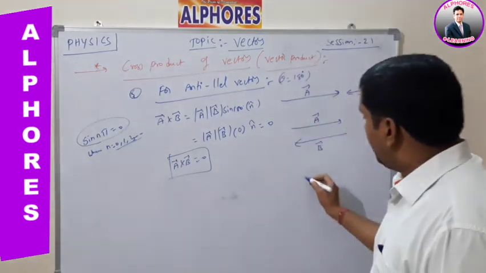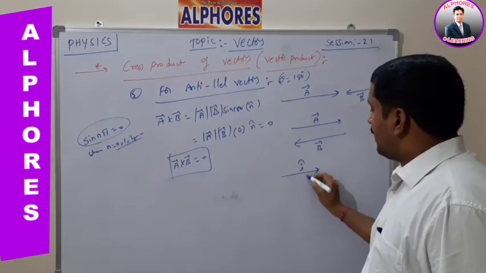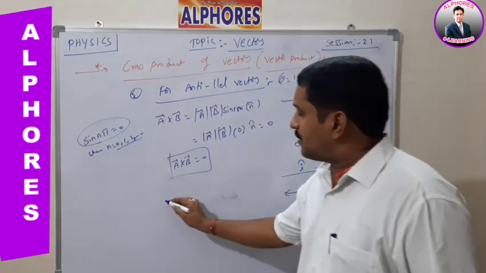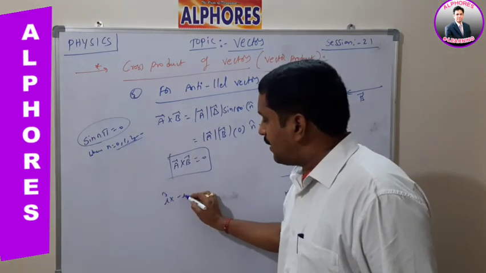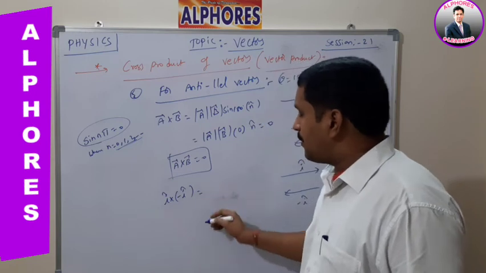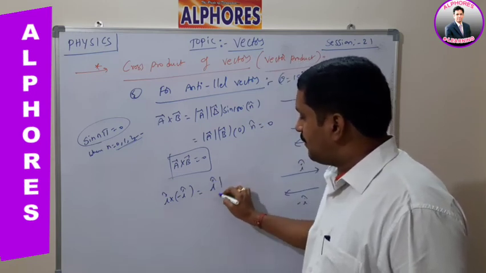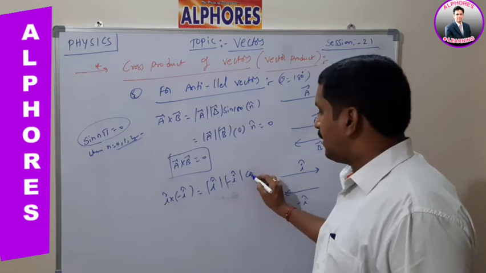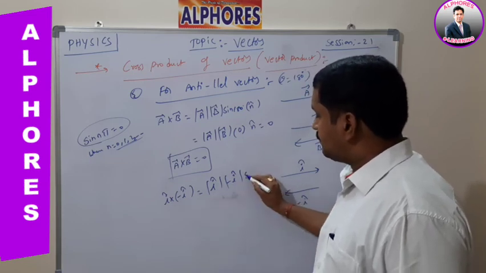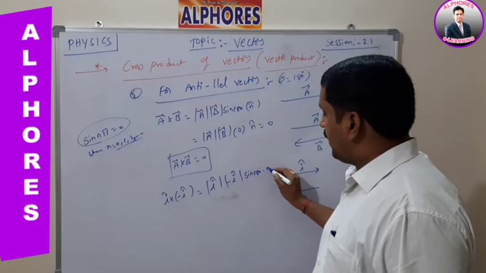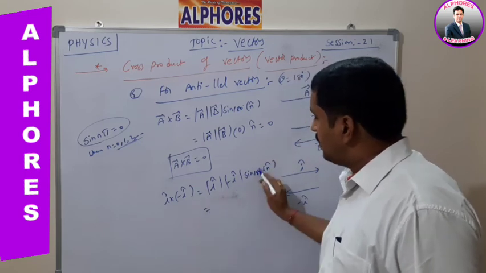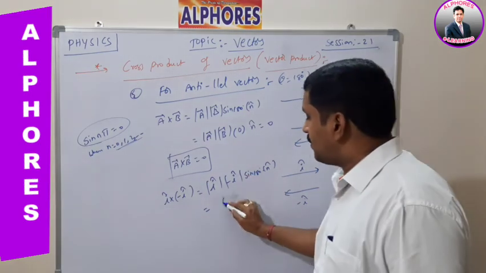Here I am taking another example. This is i cap, and this is minus i cap, two anti-parallel vectors. Let us take i cap cross minus i cap. As per the definition, it is modulus of i cap into modulus of minus i cap into sin 180 into n cap. We already know sin 180 is 0, and 0 into something is 0.